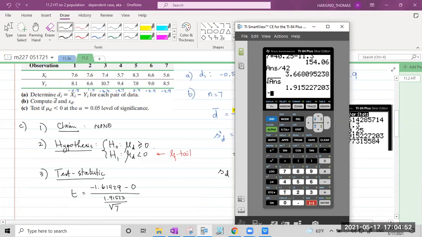That's negative 1.61429 divided by, oops, I'm sorry, that thing is not in square root.